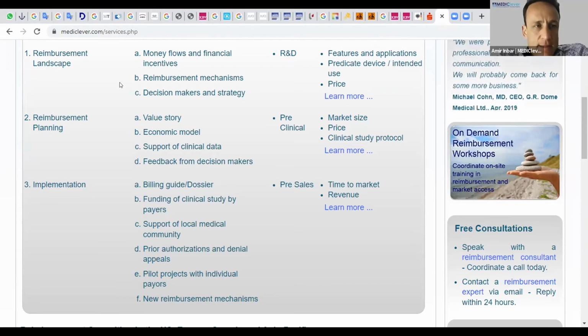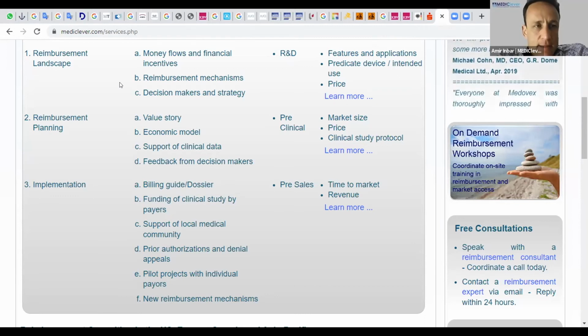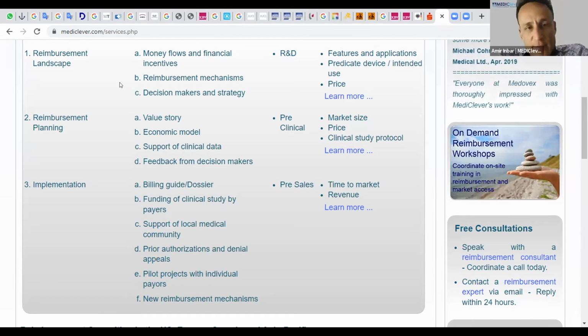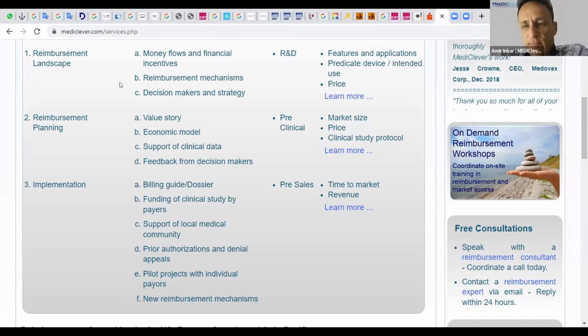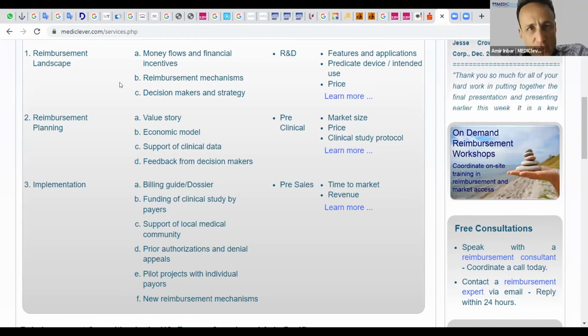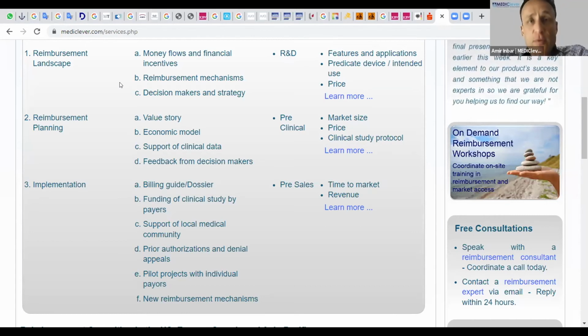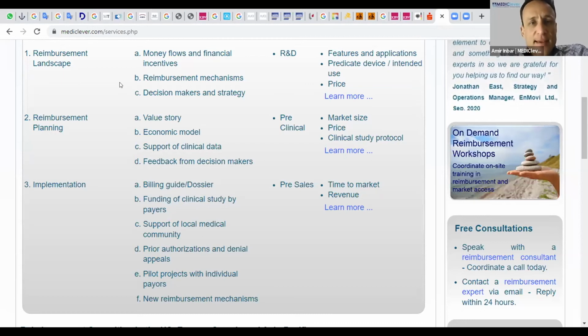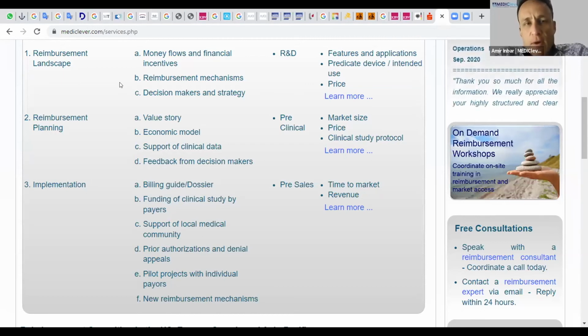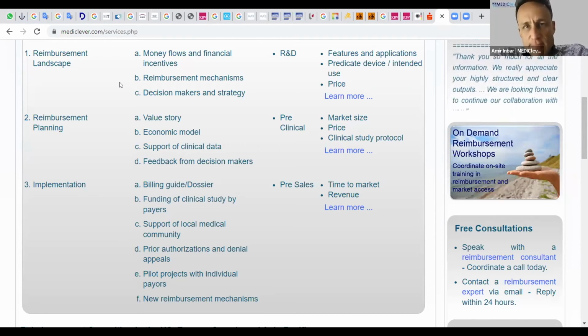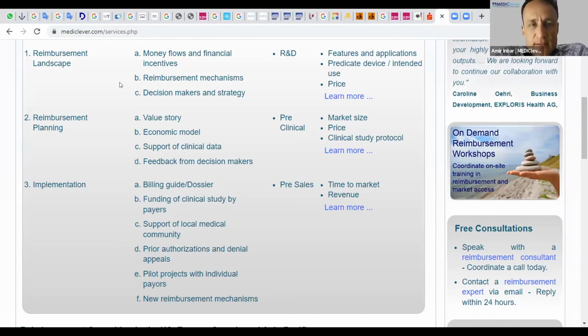Then when we started working on the reimbursement, I spoke with several payors in the US, and one of them just told me to my face, it is going to be a cold day in hell before we pay for this technology. And when I asked why, he said, well, why on earth should we pay for something that monitors lung sounds? What's the benefit in monitoring lung sounds?